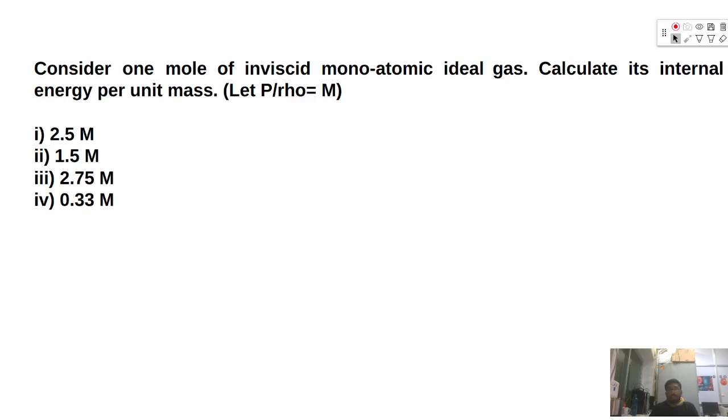I think the answer is 2.5 p by rho. Okay, p by rho, so it is number 1. P by rho times 2.5. Why is this 2.5? I have the calculation, wait, I'll find out. This was there in the assignment.